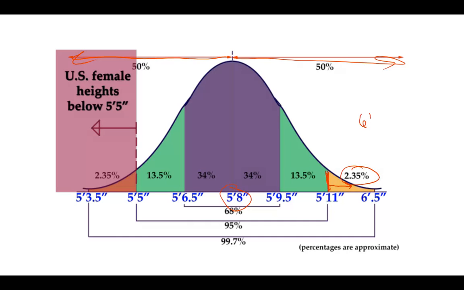So if you're above 5'11", you're in the top 2.3% of U.S. females in terms of height. If you're somewhere between 5'6.5" and 5'9.5", you're right in the middle, in the middle 68% of the population. If you're below 5'6" or so, then you're about the bottom 15% of the population. So you can see how this would be useful.